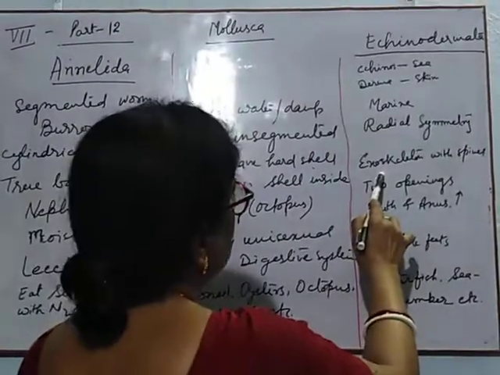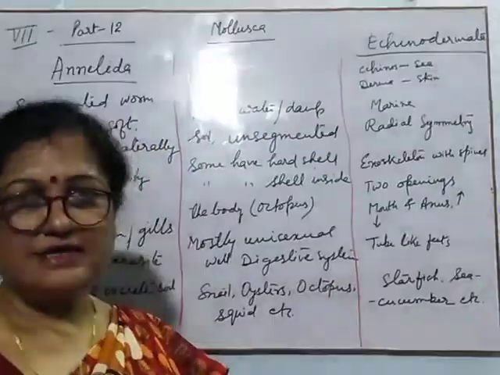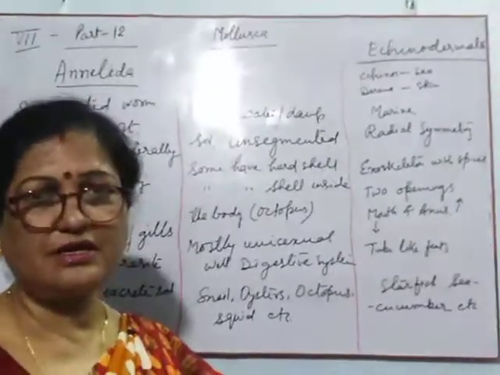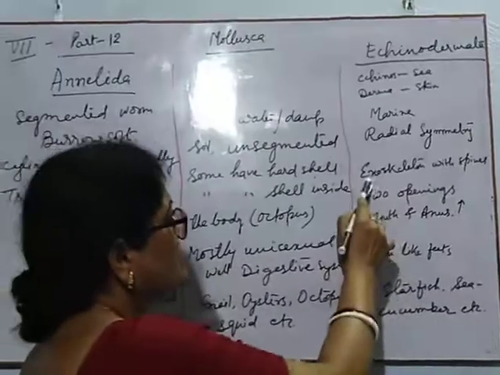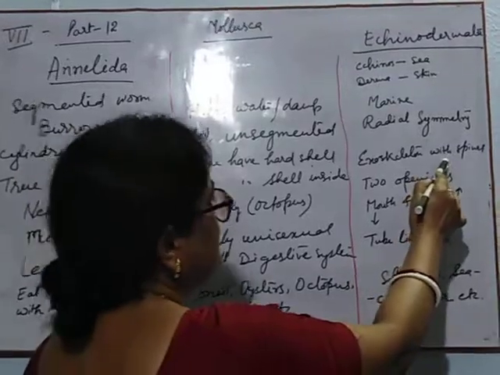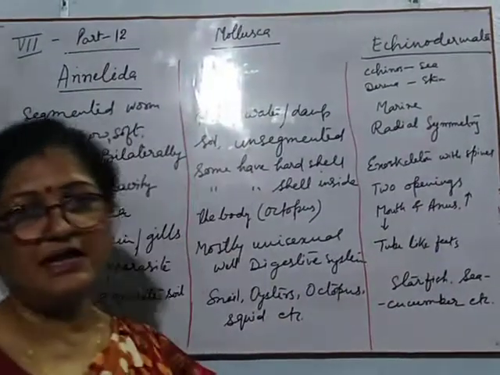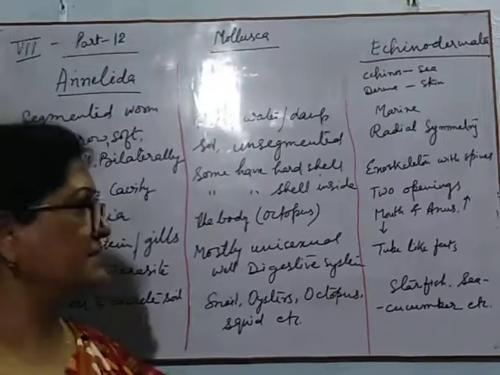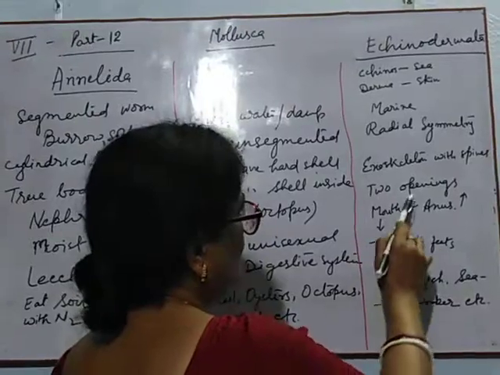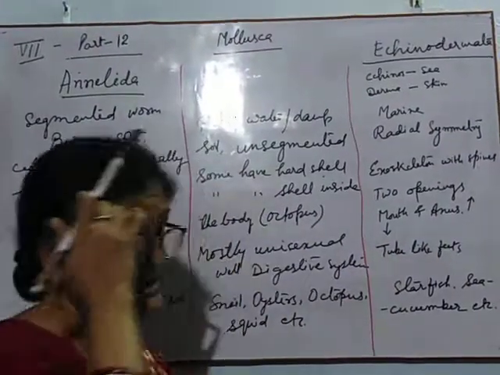Then next point. They have an exoskeleton. Exo means outside. Skeleton means the tough part of our body which protects us. So their skeleton is present outside the body, in the form of spines. They have spines over it to protect their body. Then in their body there are two openings, one is the mouth, another is the anus.